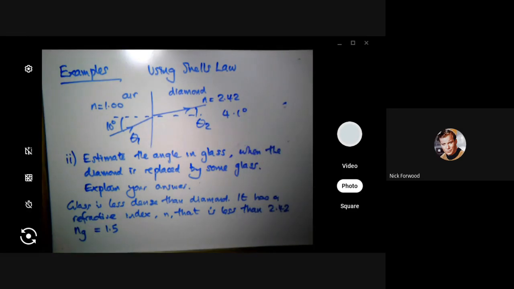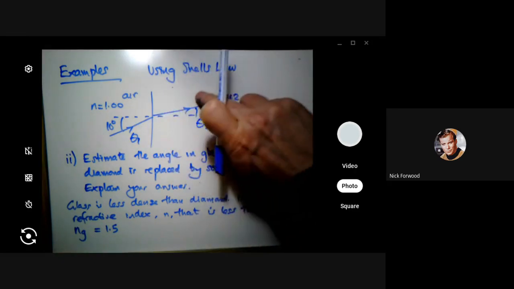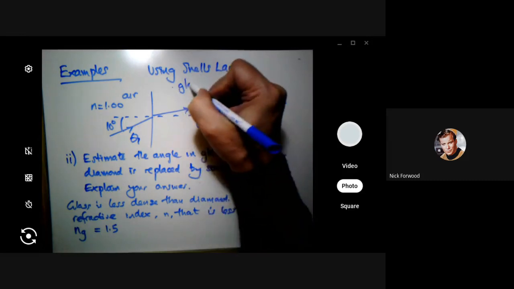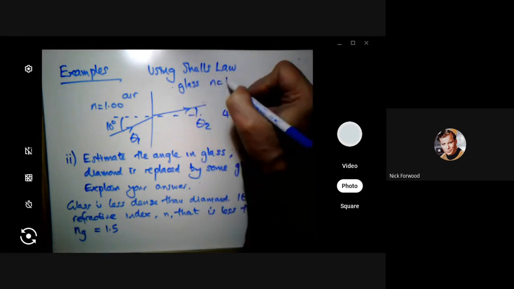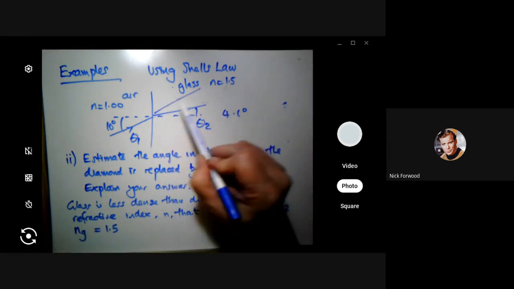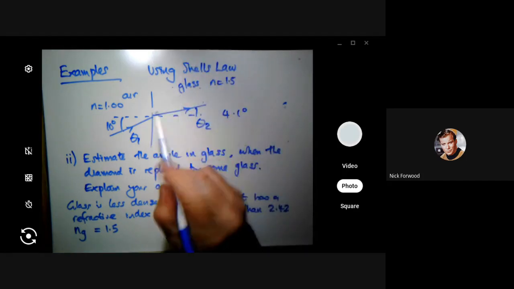We know that the refractive index of glass is only 1.5, so the beam of light doesn't get bent as much. So if you replaced this in the original drawing with glass, n is 1.5, it doesn't bend the beam of light as much. That's not even a very good drawing, is it? The beam of light still doesn't go straight on.